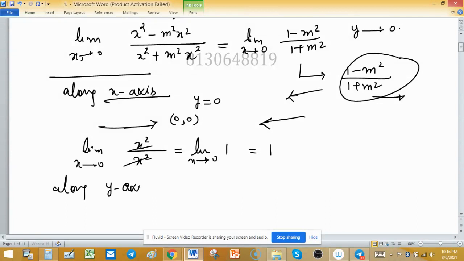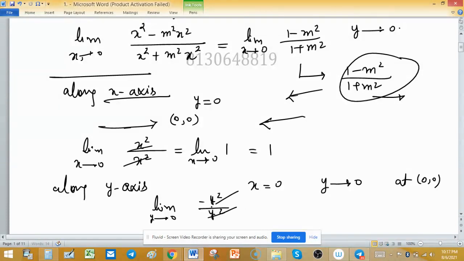Now try to find the limit along the y-axis. If we find it along the y-axis, it means x equal to 0 and y tends to 0 to reach the point (0,0). So I can write the limit as y tends to 0, and in the expression we have y square upon y square, which cancels out, and we get minus 1 as the limit.